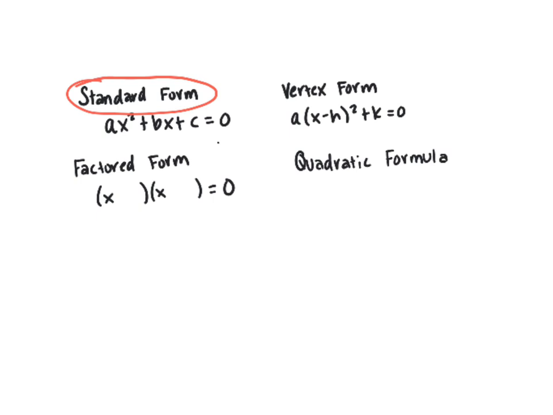So when we write the quadratic formula, we're going to use x equals negative b plus or minus the square root of b squared minus 4 times a times c, and all of that over 2 times a.